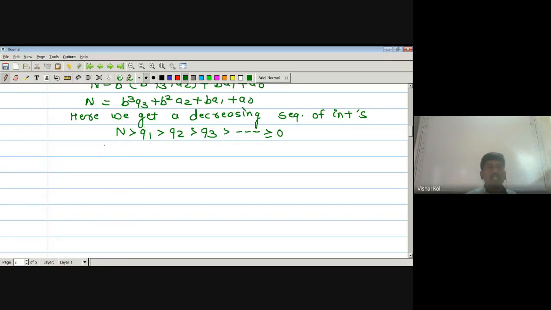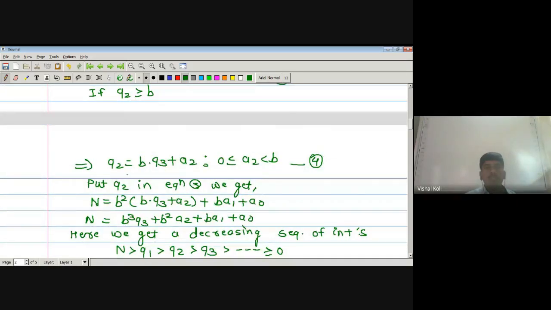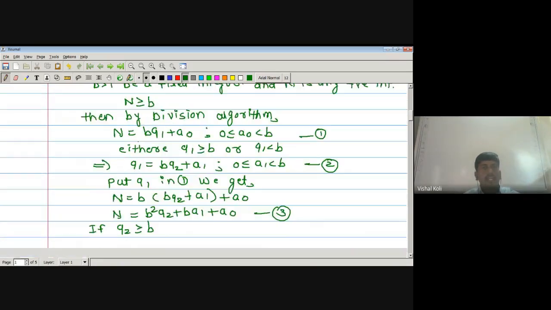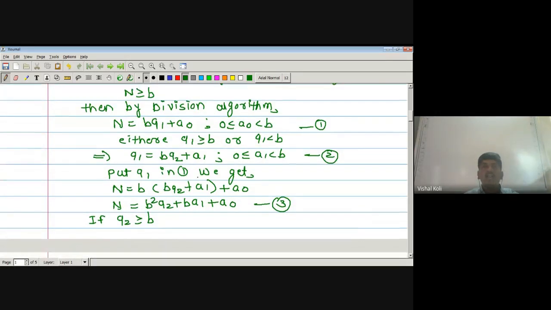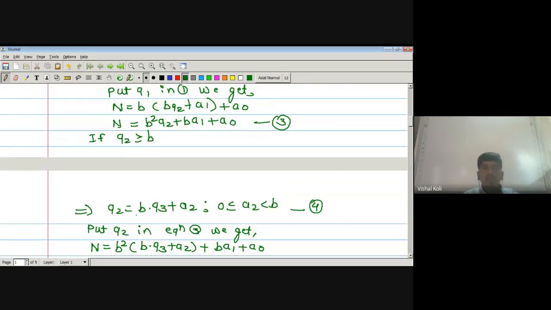Let us, if possible, suppose that this procedure ends at the m-1th stage. Now we have to write this stage. In the first step, n equal to b q1 plus a naught, the second is q1 equal to b q2 plus a1, and the third is q2 equal to b q3 plus a2.